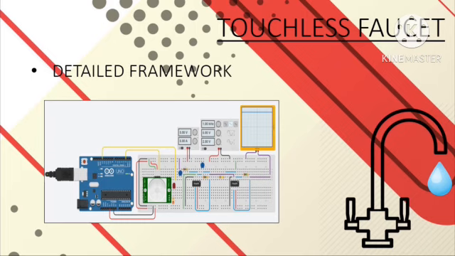The PIR sensor will detect the infrared ray. It will move through the receiver. The receiver output will become the input, and the input will go to the band pass filter.